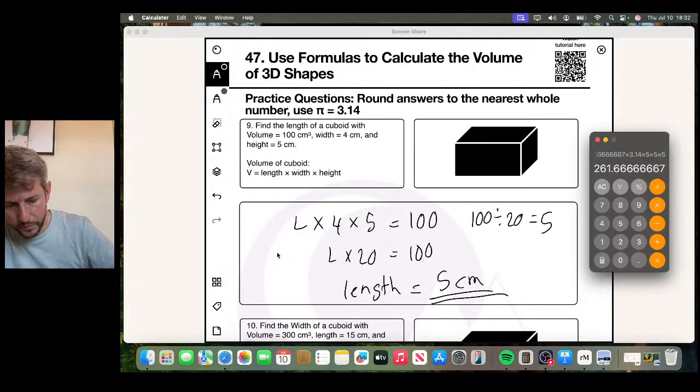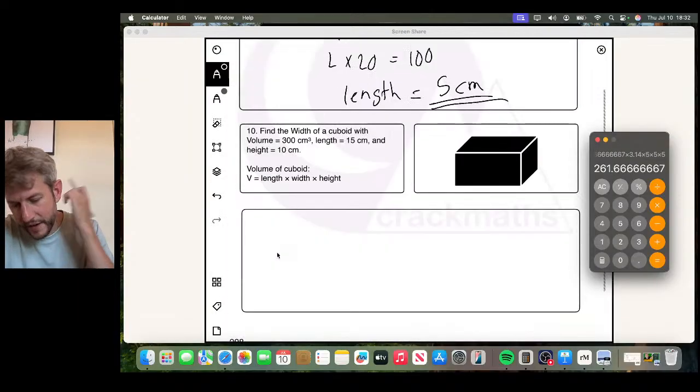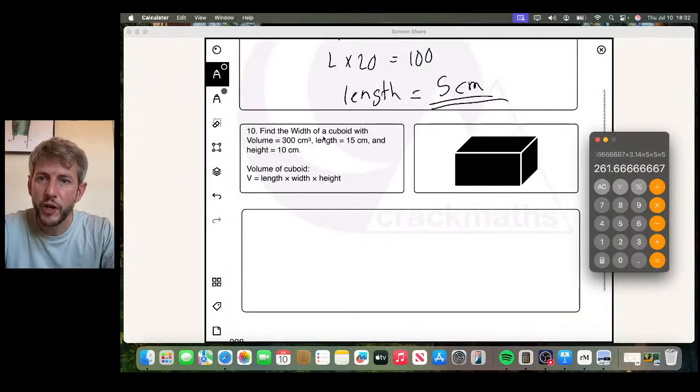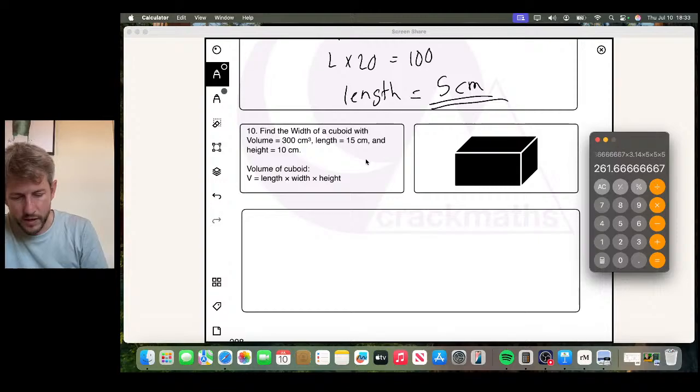Okay. Right, question 10. Find the width of the cuboid with volume 300, length 15 and height 10. Okay, so this time we have got the width. We've got 15 times the width times the height is equal to 300.